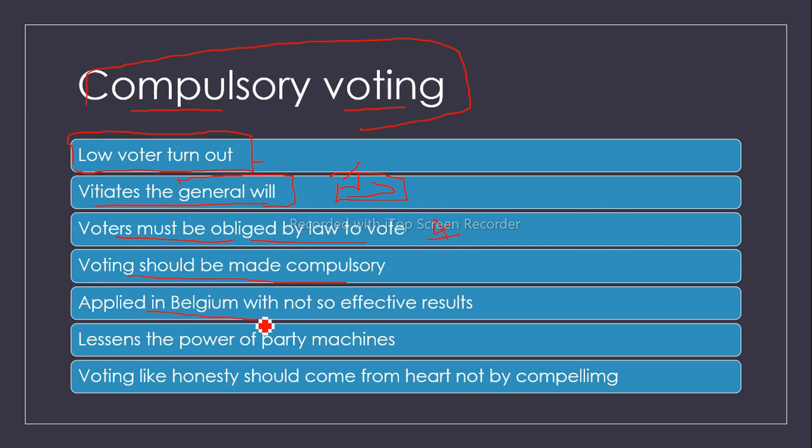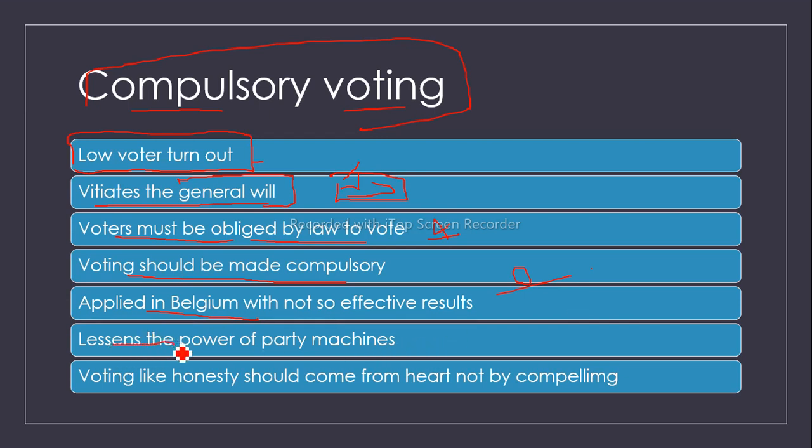It was applied in Belgium, where there was a small fine. A person who does not cast his vote on election day has to pay a small fine, but the results were not so effective. The voter turnout did not drastically change, so it was not so productive.